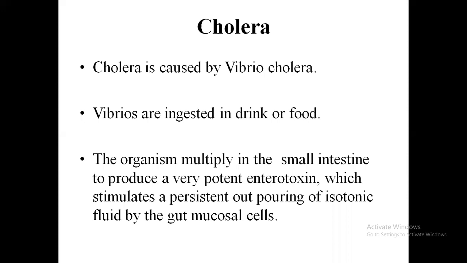So it does not allow the fluid to get absorbed. That is one of the most common issues with cholera. So the intracellular fluid all gets excreted into the gut, the GIT, and you get diarrhea. That is the outpouring of isotonic fluid by the gut mucosal cells.